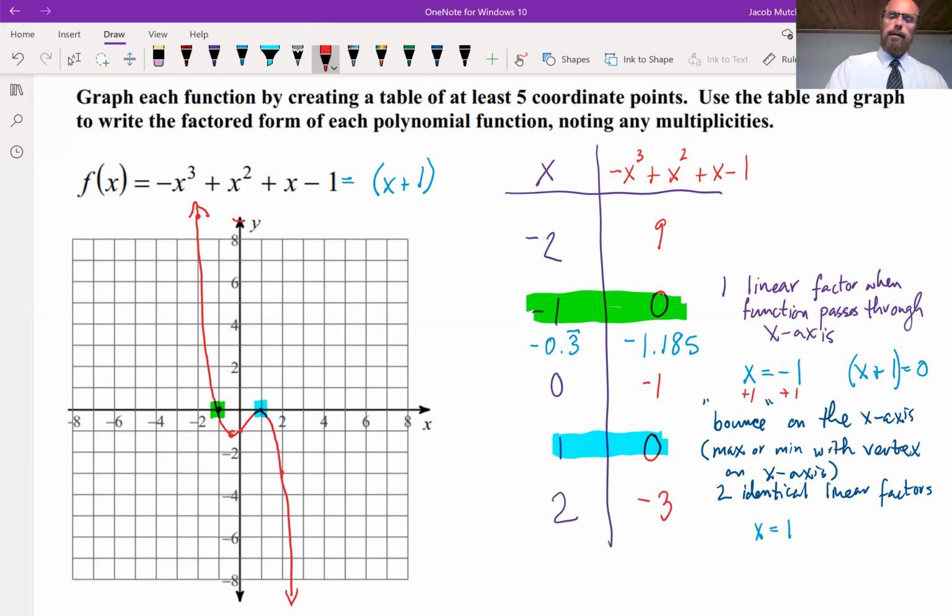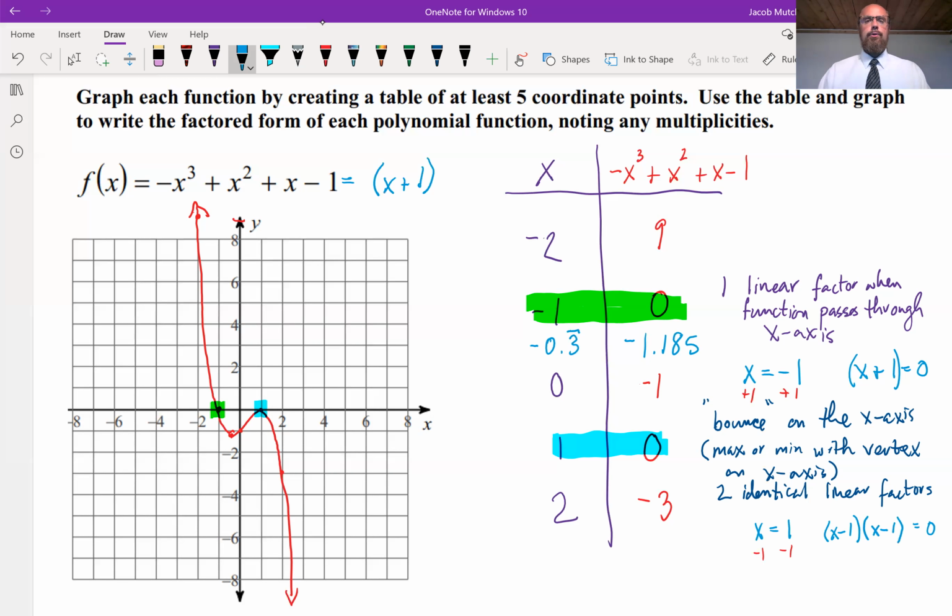When I go down to solve the second zero that I saw here, where x equals positive 1, I would subtract 1, and that would give me another linear factor of x minus 1. Now, I'm leaving space there because, again, that right-hand 0, where the graph hits the x-axis and then bounces off of it without passing through it, the space is for a duplicated factor there.